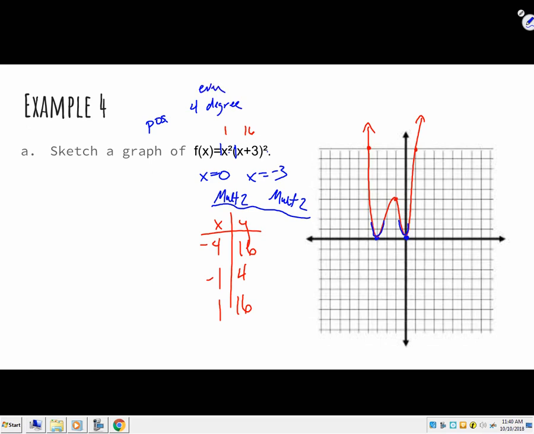So if I look on my note card for even and positive that we made yesterday, I see that I should get a graph that goes up to the right and up to the left. And so it does match everything I've drawn, and I feel much more confident about my graph.